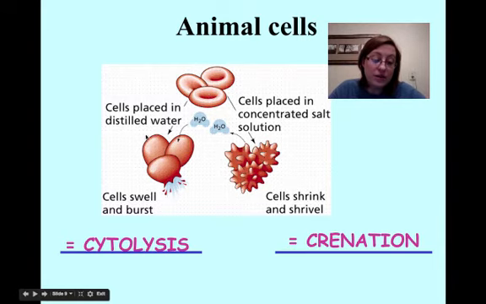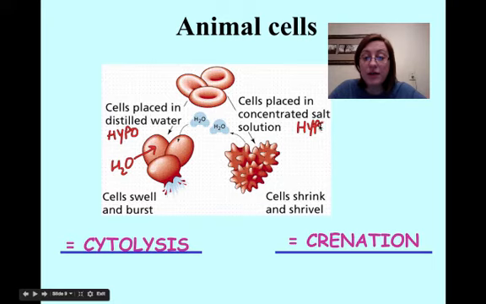If we put those cells into distilled water, okay, this is an example of a hypotonic environment. The concentration is lower outside of the cell. It's going to cause water to rush into the cell, and that's going to cause the cells to swell and most likely burst. This is called cytolysis. On the other side, we have a hypertonic solution.